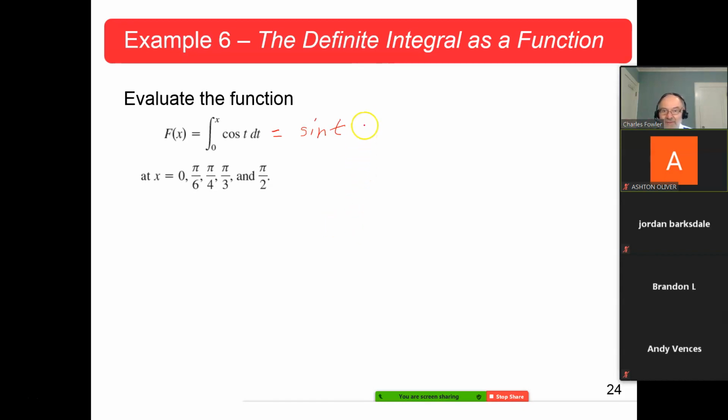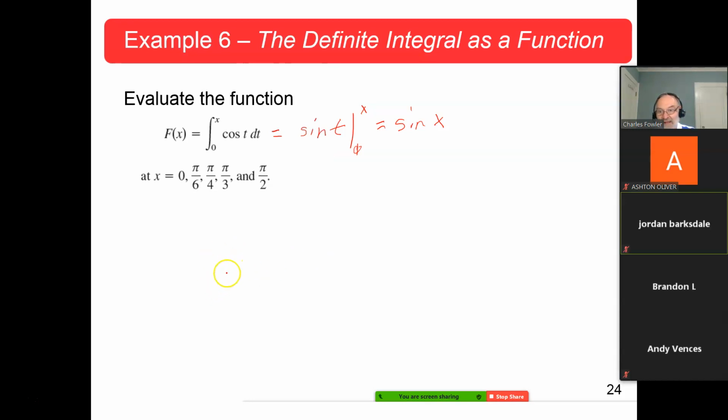And we're going to evaluate this from 0 to x. Well, that's going to be sine of x, right? You plug the x in here, minus sine of 0. But can anyone tell me what the sine of 0 is? 0. Very good.